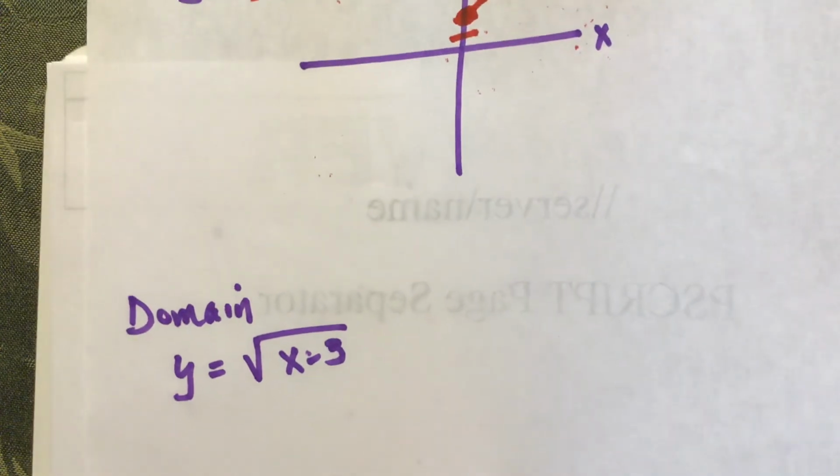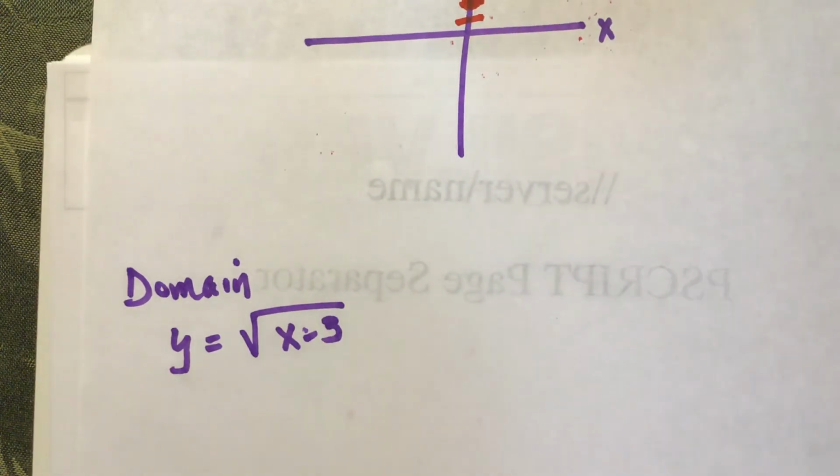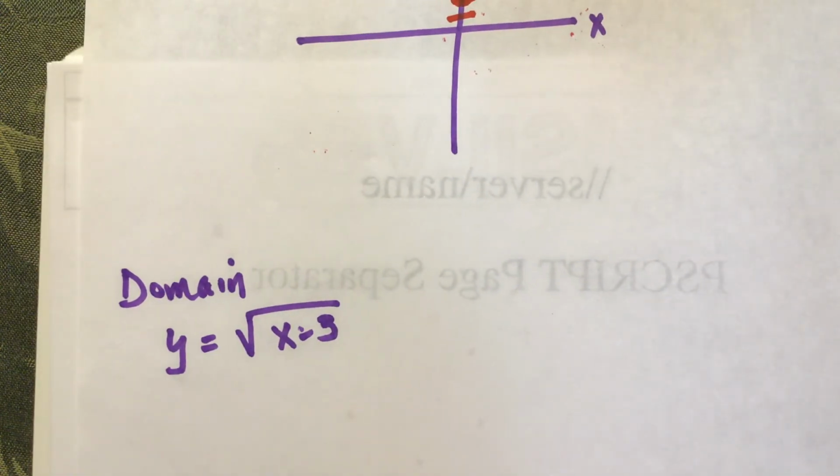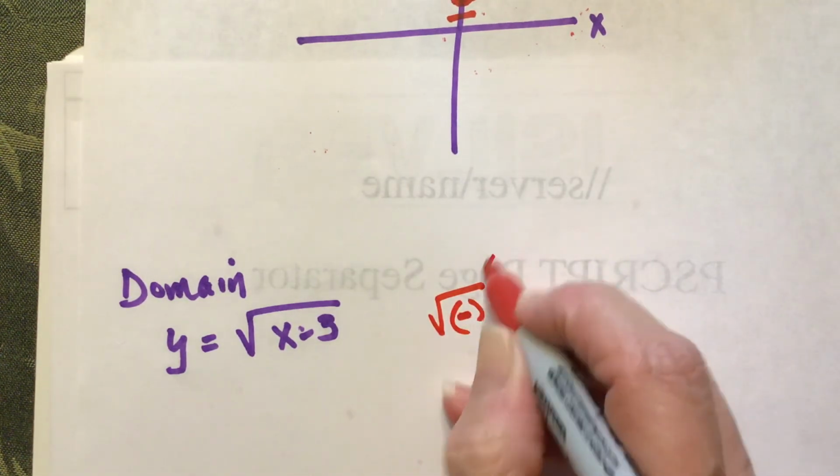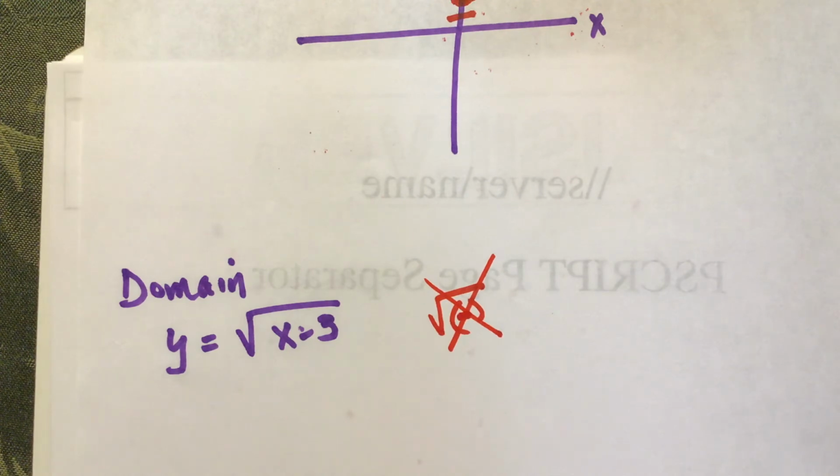Now, one of the things we have to pay attention to is that the domain of a radical function means what would be the x values. So we can never have a square root of a negative number. We're not allowed to have that. So what we want to do is make sure everything that's under the radical sign is a positive number.